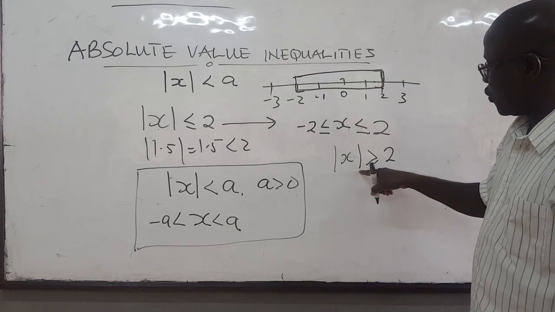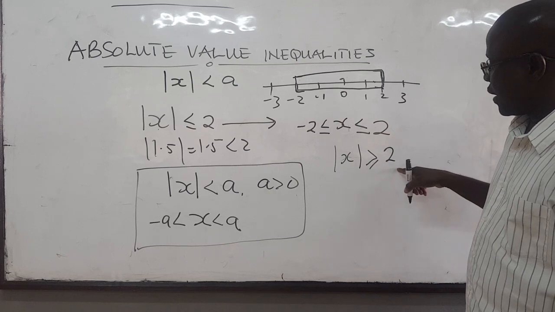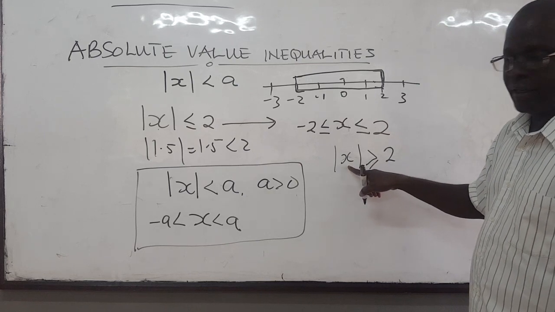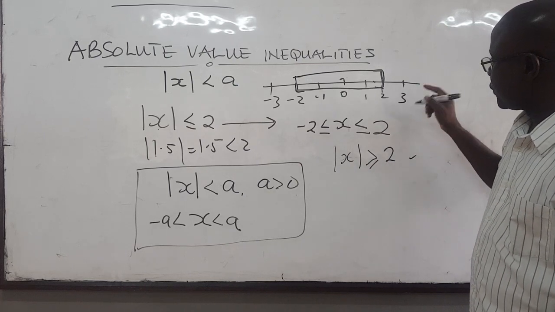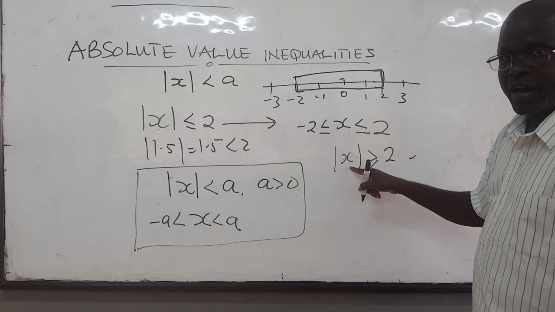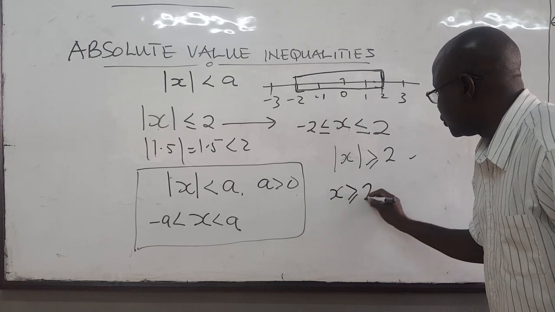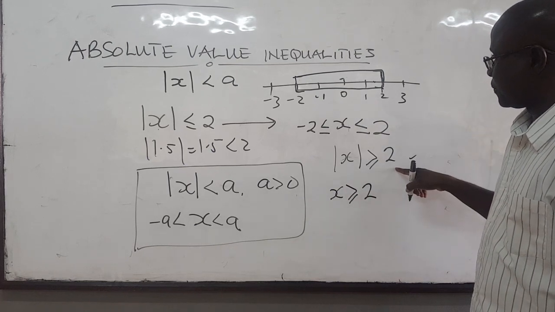If you put 2, they are equal, so it satisfies. If I put 3, it also satisfies this because the absolute value of 3 is greater than 2. Any number greater than 2, if you put it in here, will satisfy it. So all numbers that are greater than or equal to 2 will satisfy this inequality.